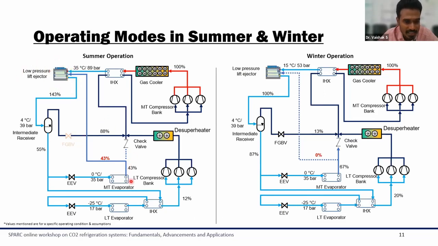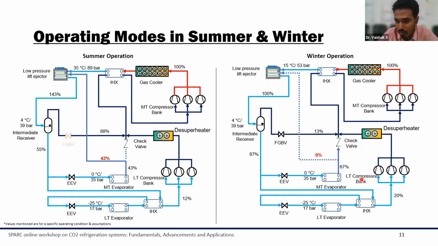That means the ejector is capable of taking all the refrigerant from the MT evaporator and raising it to an intermediate pressure, from which it will be taken by the MT compressor. However, in winter operation, the ejector won't be able to provide any lift, so it won't be taking any refrigerant from the MT evaporator.